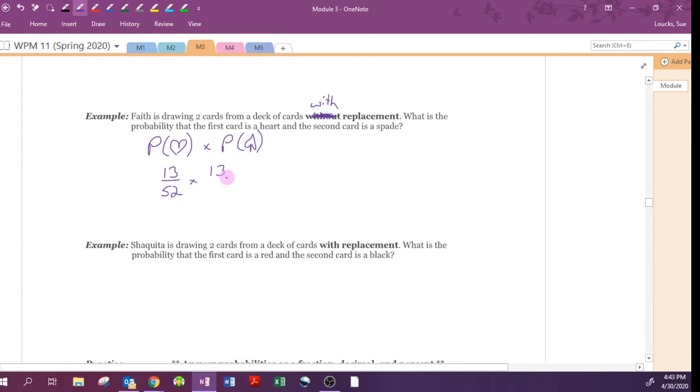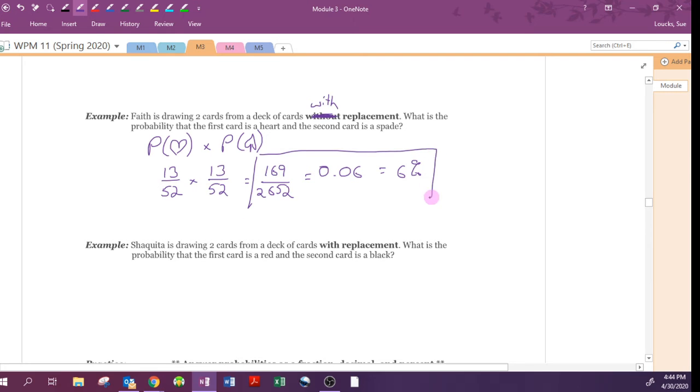And then if you put that back, we again have 52 cards, and 13 of them are spades. So we multiply that, we get 169 over 2652, which is 0.06, which is 6%.